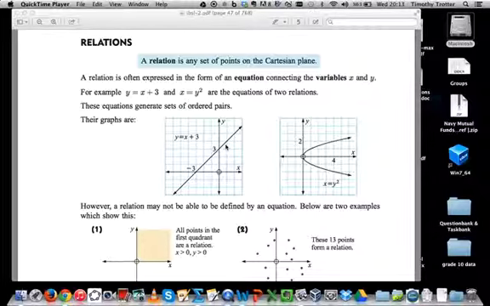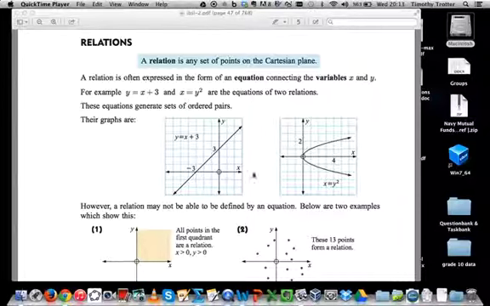Now, a function is a very special case of a relation. A function is when you have one input that creates one unique output. Typically the x is the independent variable, and for any value that I pick for x, I get a y, and that y is a unique value.